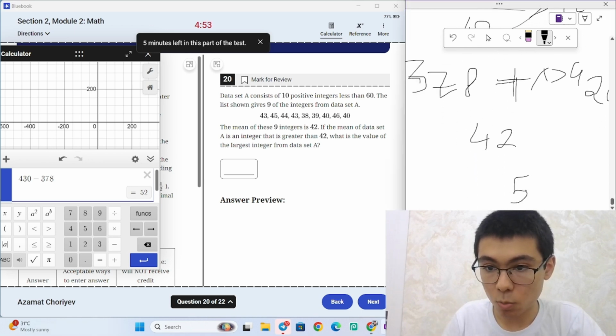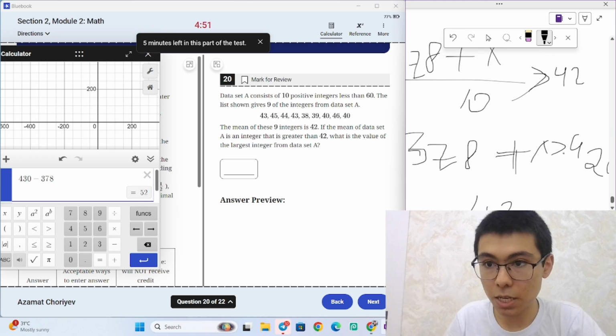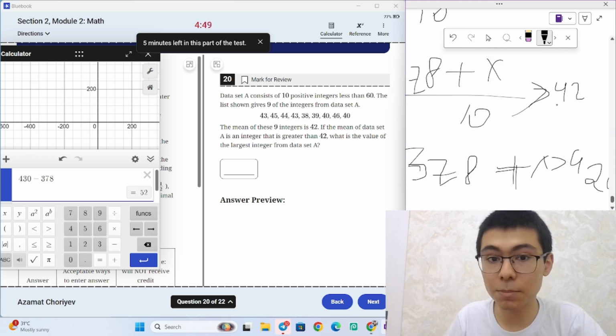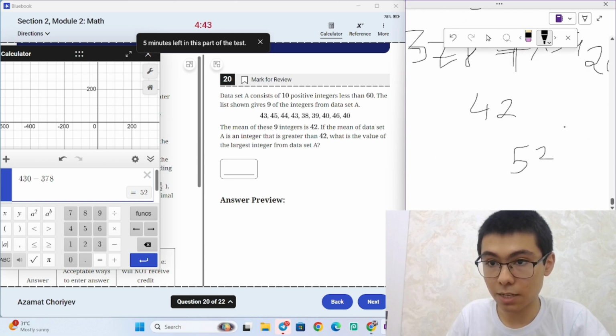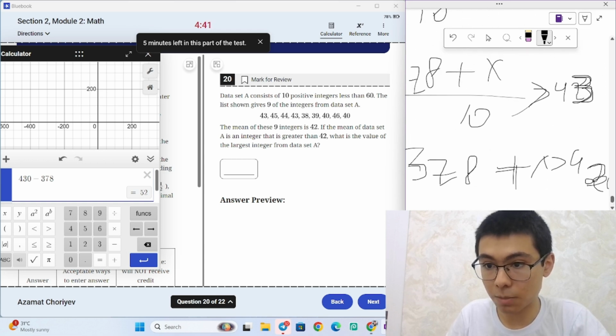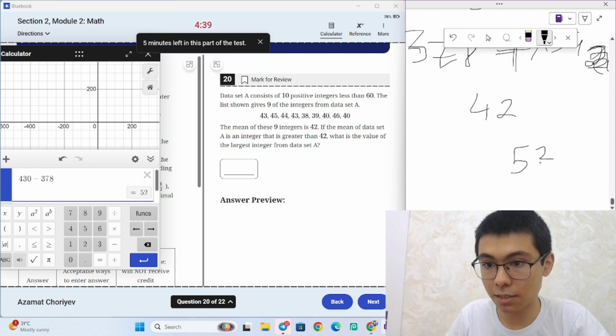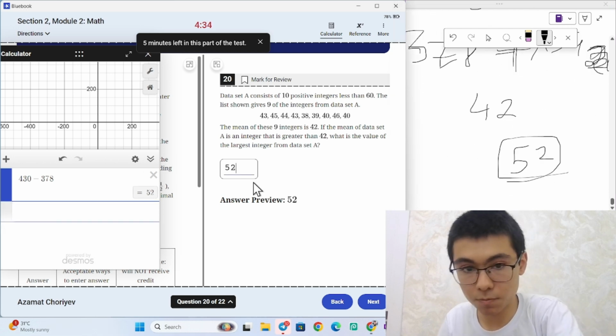Why did I put 43? Because it gotta be an integer and the mean has to be an integer, right? So if I put 43 here, I can get the answer. If you put it here, it's gonna be 430, and we get 52. So the answer is 52.